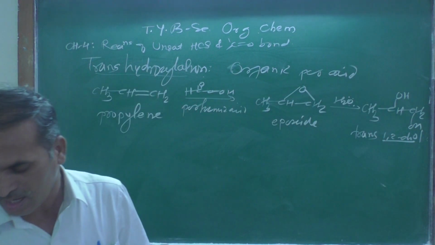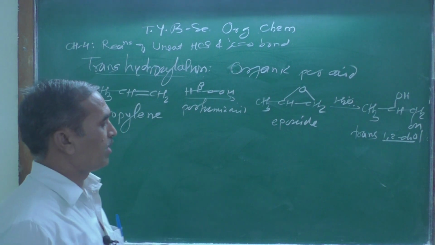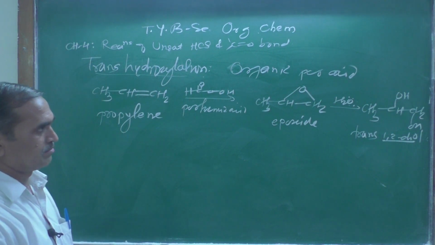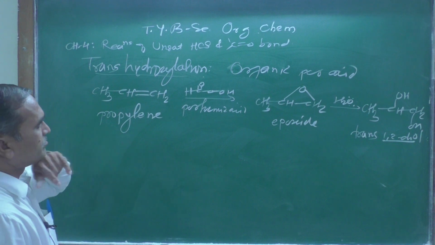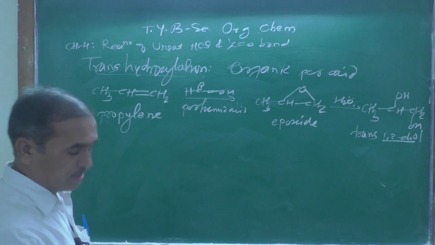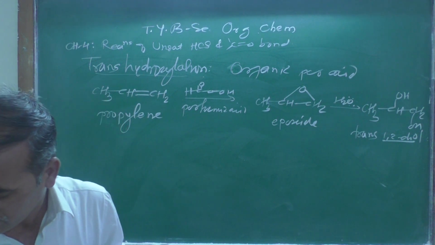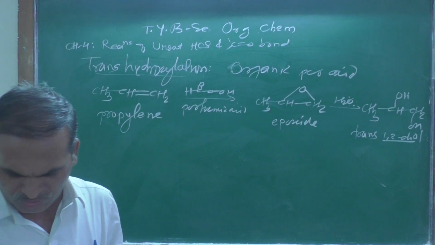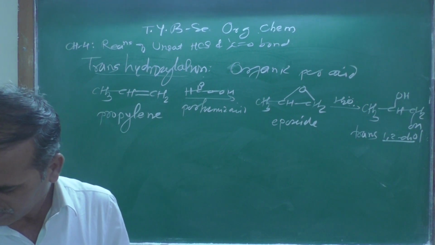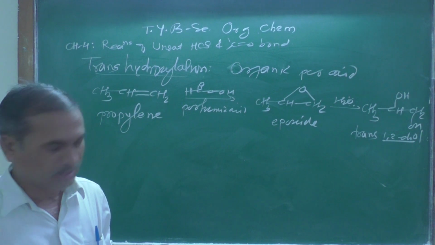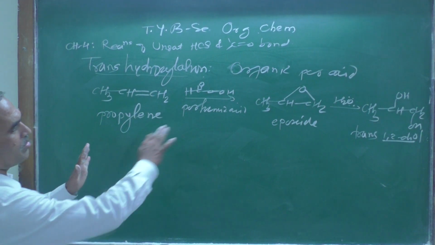This is a trans hydroxylation. Now how does the mechanism take place? The mechanism is as usual: performic acid is treated and we get the epoxide form.